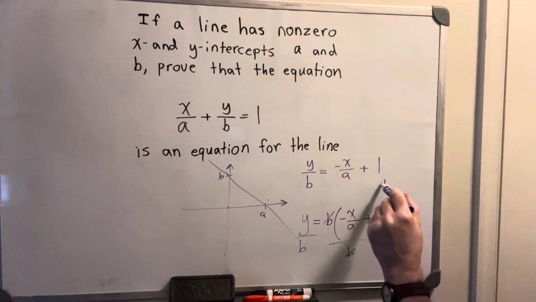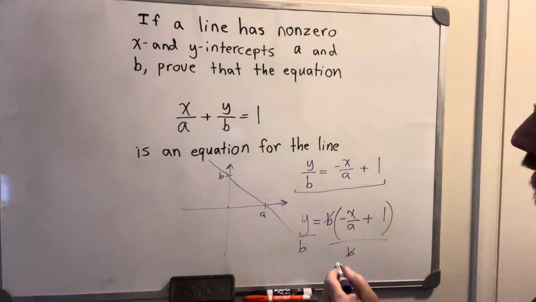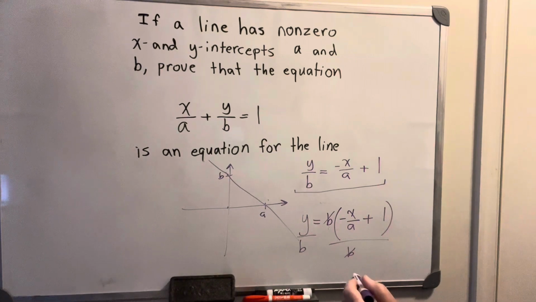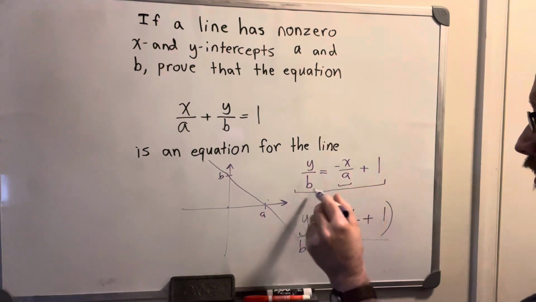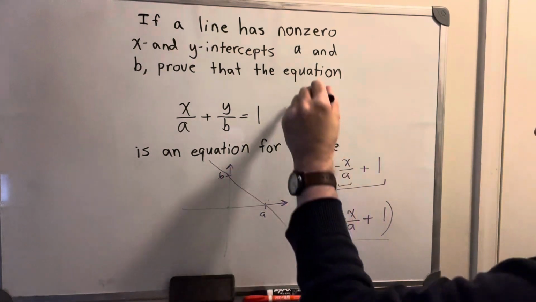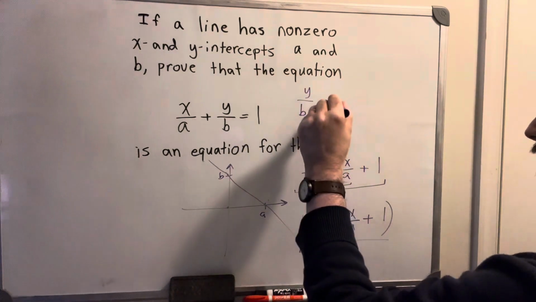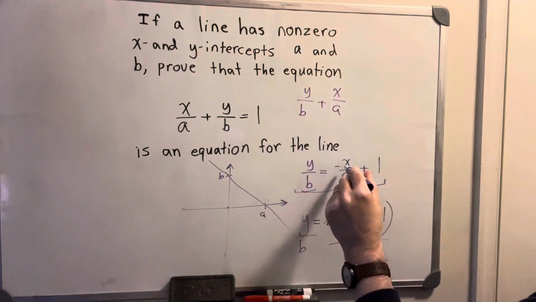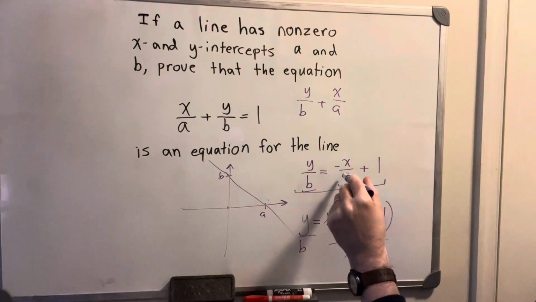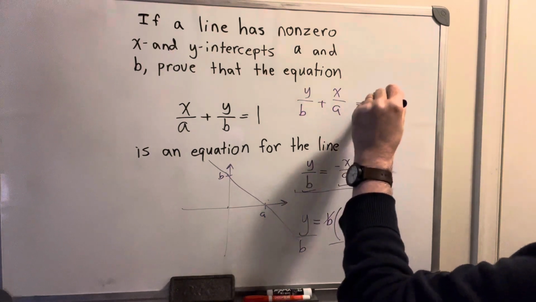Now as you look at this, we're almost there. Compared to the target, what would you do? We can add x over a to both sides. So we have y over b plus x over a, and on this side we have minus x over a plus x over a, so it cancels out and we're left with 1.